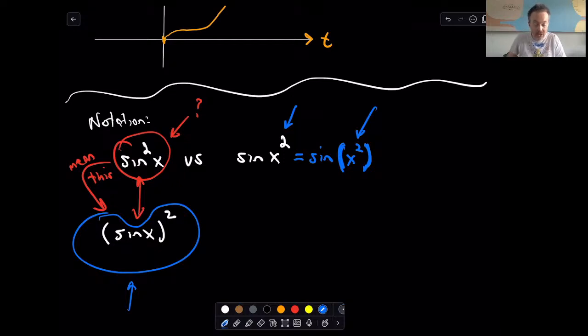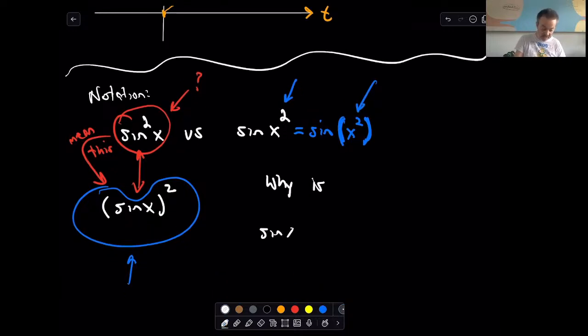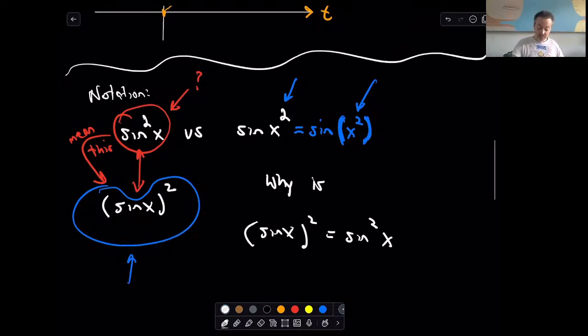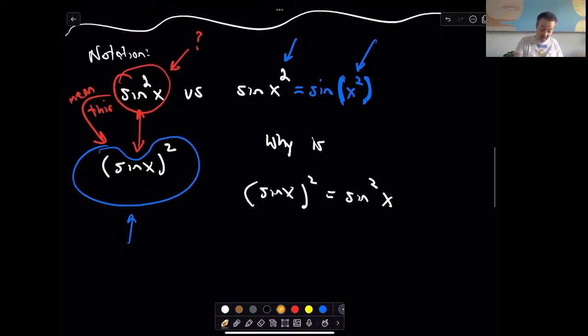And you're asking, why is sine of x squared the same thing as sine squared of x? Did you ask this? Okay, sorry. Sine of x squared is the same, but why?